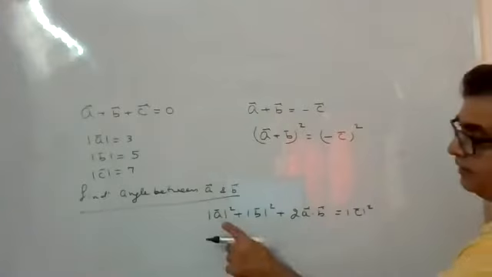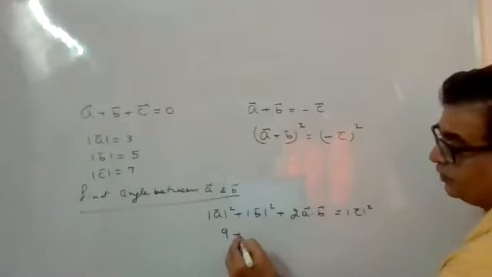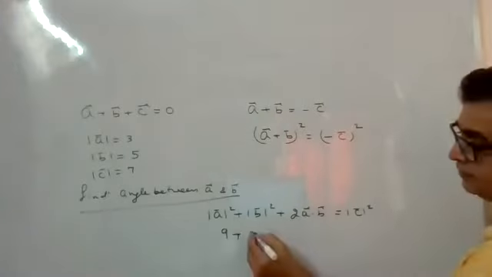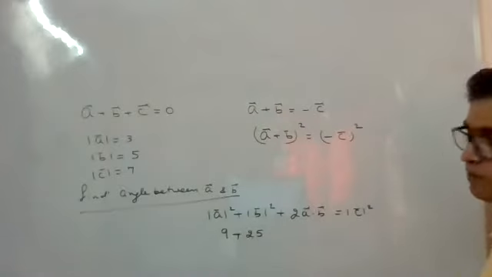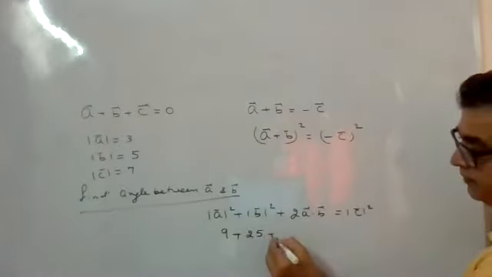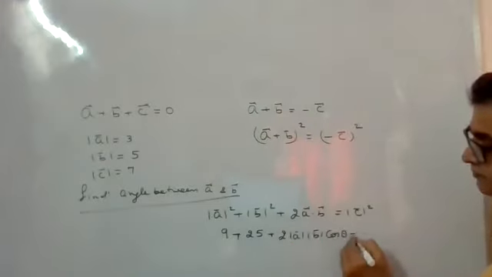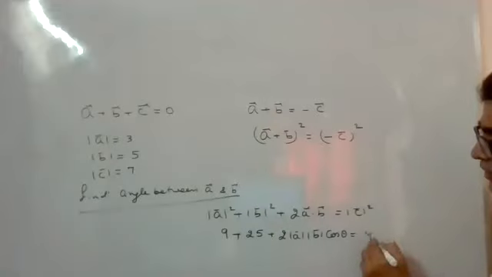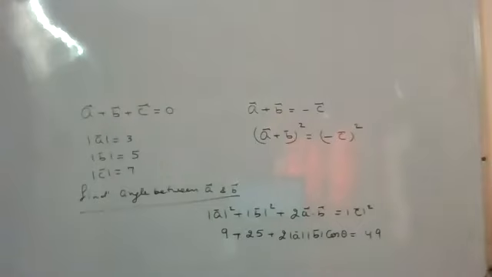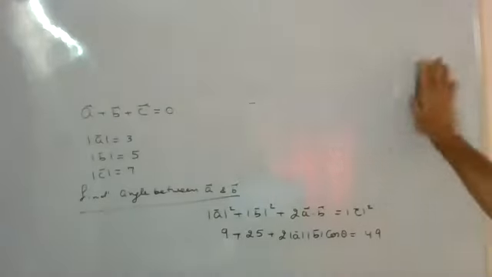Clear? The direct result: 9 from 3 square, this will be 25, this will be twice magnitude A magnitude B cos theta, and this is 49. Is it right? Solve it further.